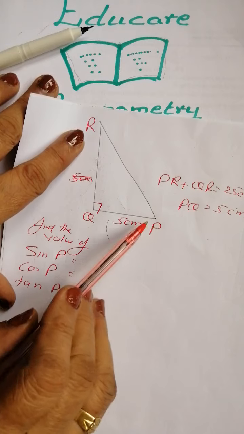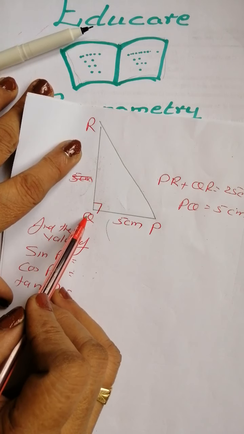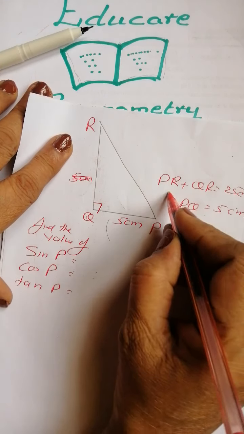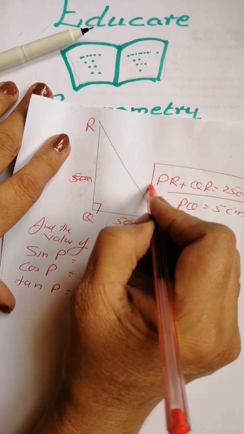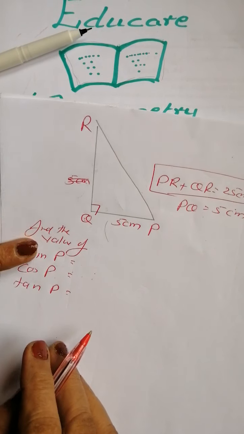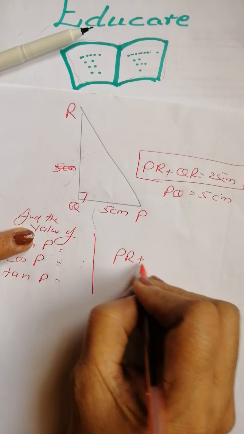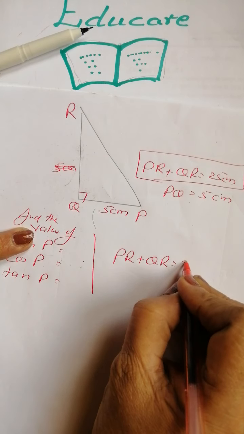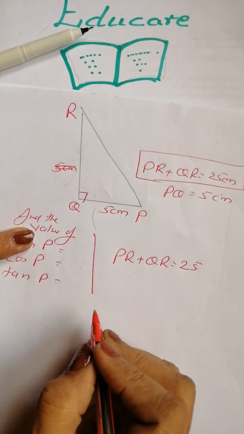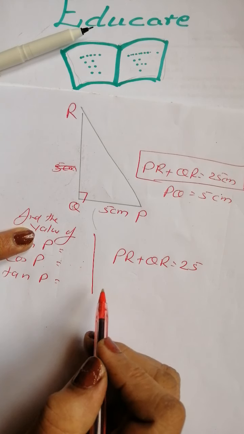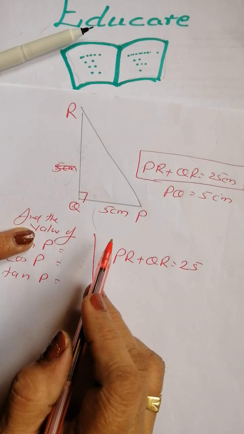Concentrate while doing, kids. PR plus QR is equal to 25. This we have to follow now. Now, we have to reduce the formula.